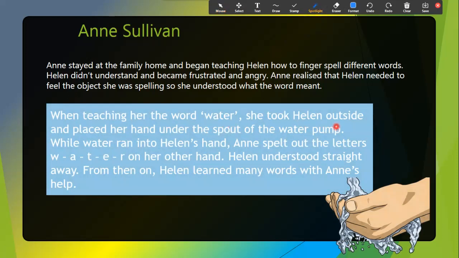She took Helen outside and placed her hand under the spout of the water pump while water ran into Helen's hand. Annie spelled out the letters water on her other hand. So this was the first moment that Helen Keller started to know everything.